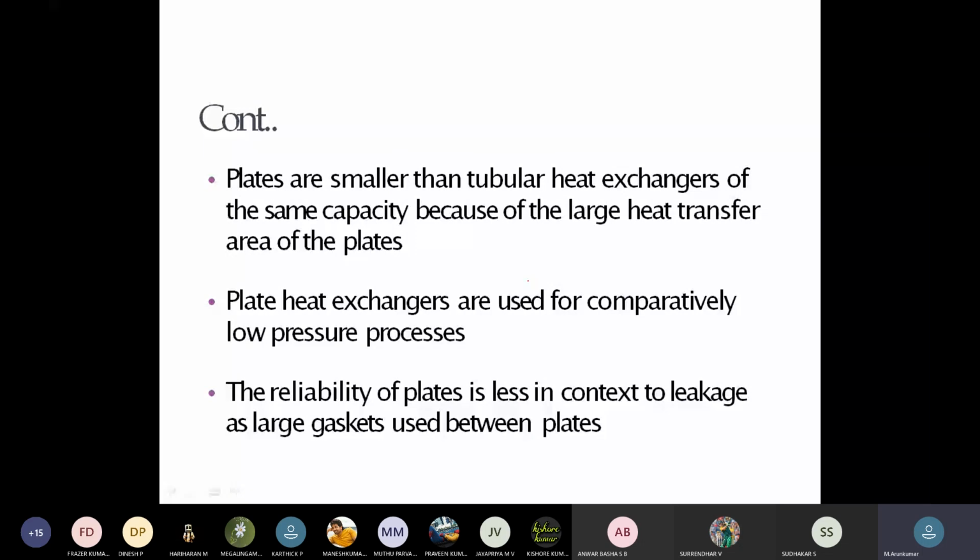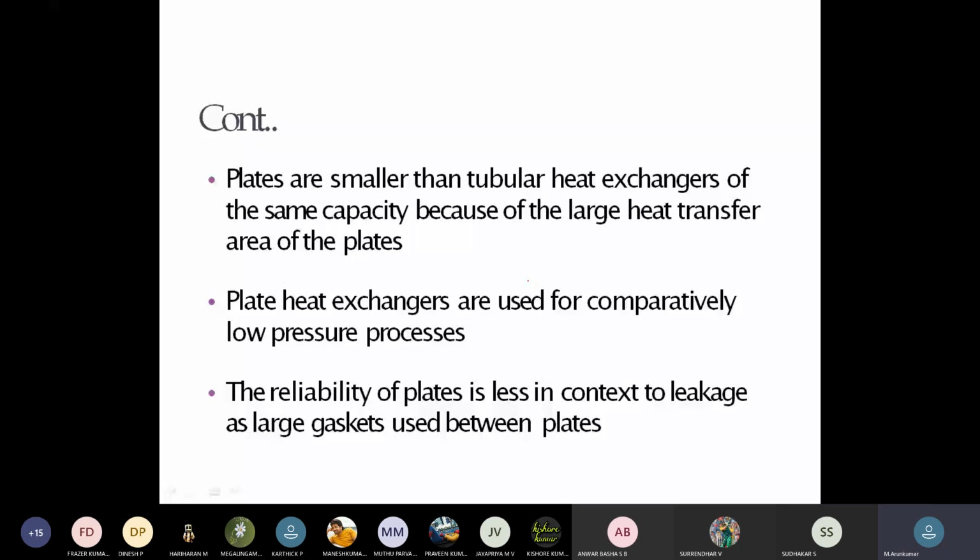Then the plates are smaller than a tubular heat exchanger of the same capacity because of the large heat transfer area of the plates. Plate heat exchangers are used for comparatively low pressure processes. The reliability of the plates is lower in terms of leakage, as large gaskets are used between plates.